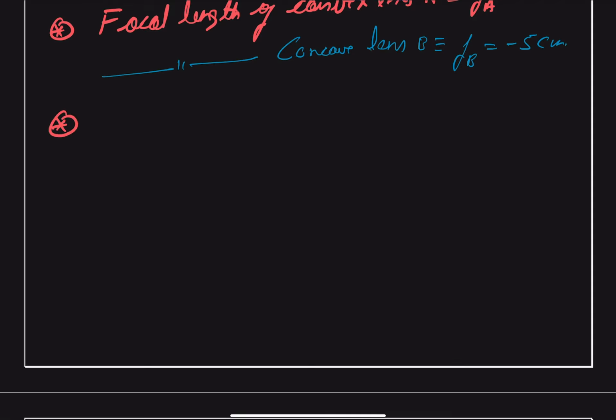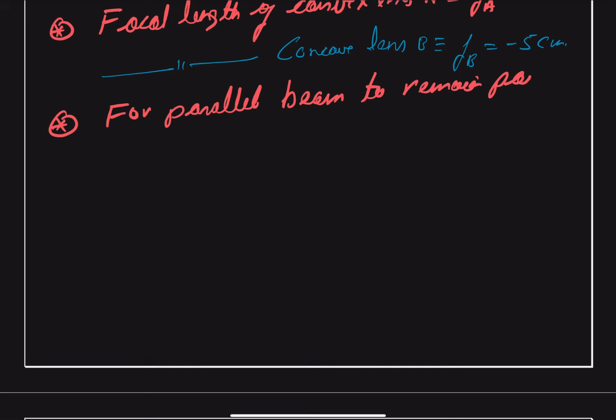So for a parallel beam to remain parallel, the second focal point of the first lens must coincide with the first focal point of the second lens.